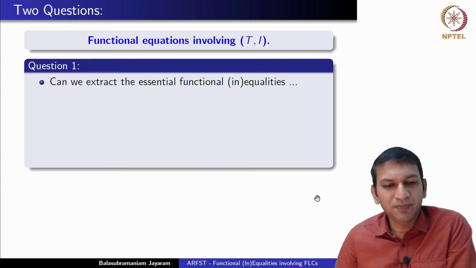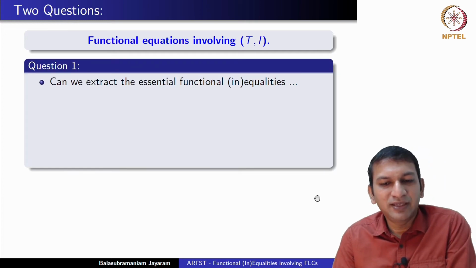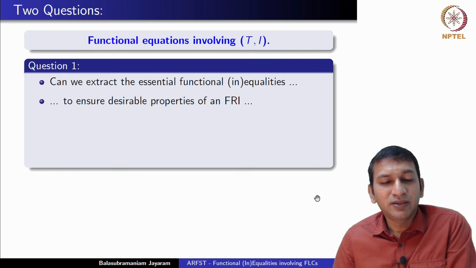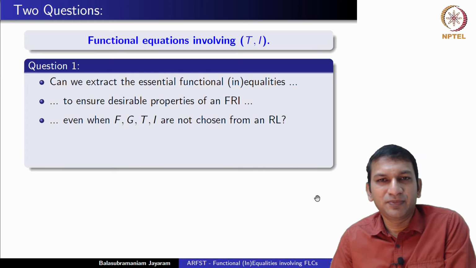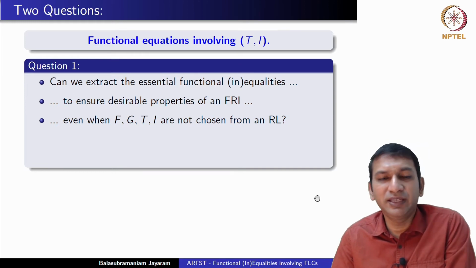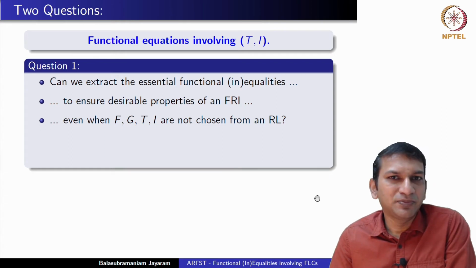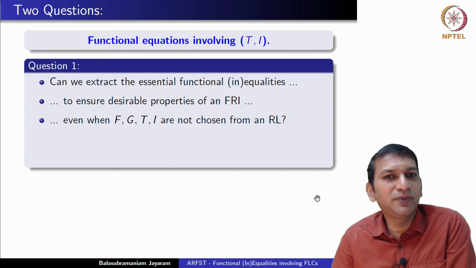The first question is, can we extract the essential properties in terms of functional inequalities or equations to ensure desirable properties of an FRI, even when these operations that we consider, F, G, the aggregation operator, T or I, are not chosen from a residuative lattice structure? So this is one question that we can ask.